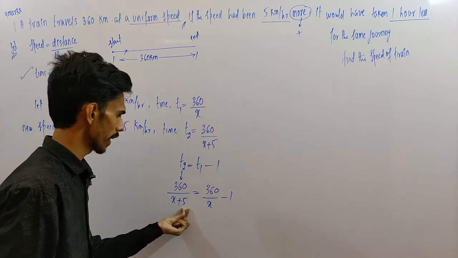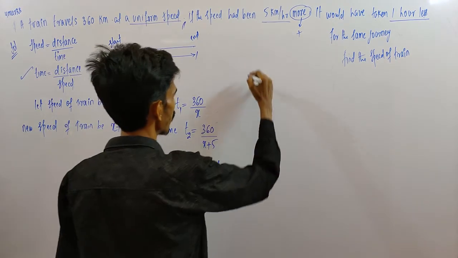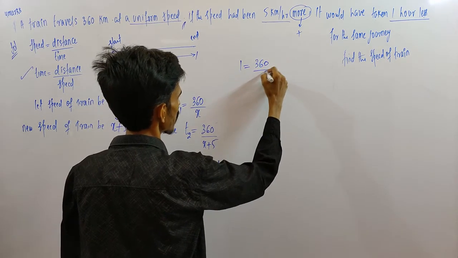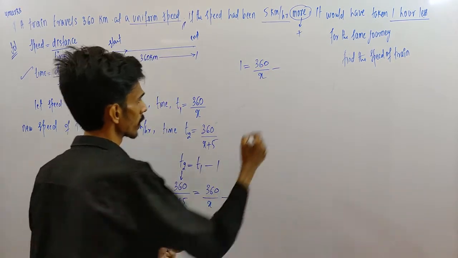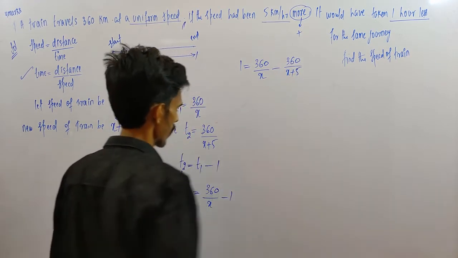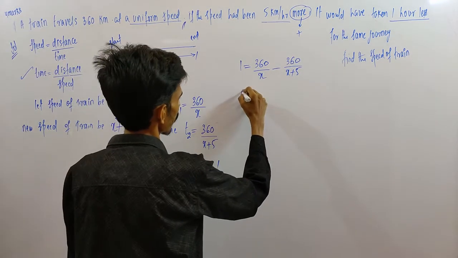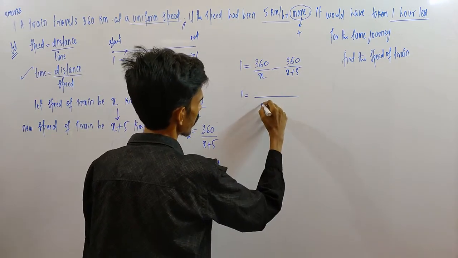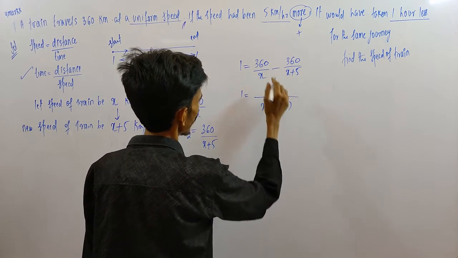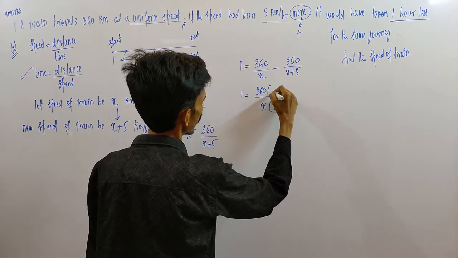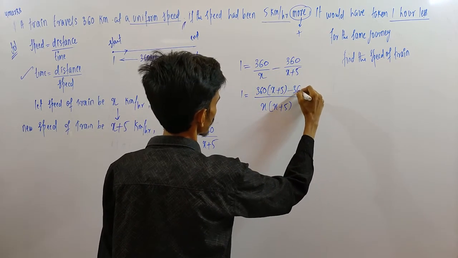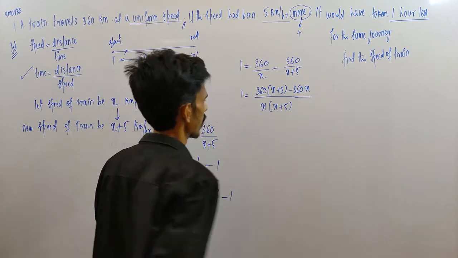Now send this one here and this term here. So we will have 1 is equal to 360 by x minus 360 by x plus 5. Take LCM here. Multiply these two, x into x plus 5. Cross multiply: 360 into x plus 5 minus 360 into x.